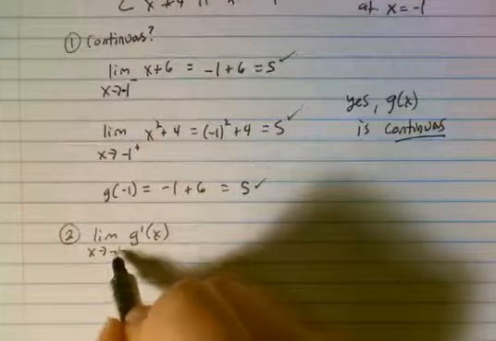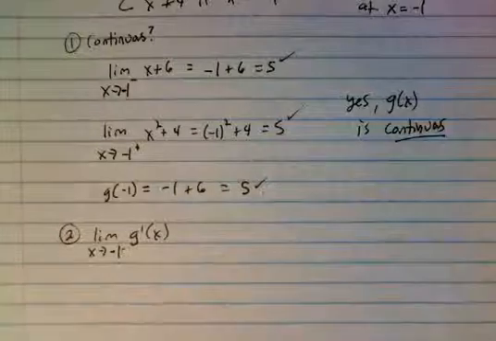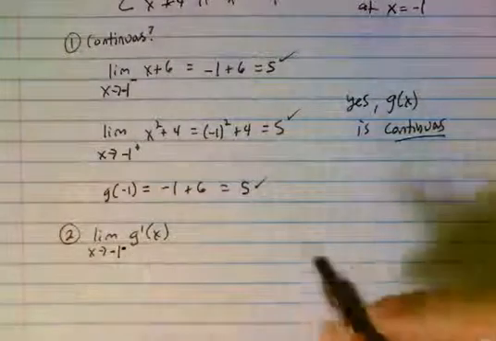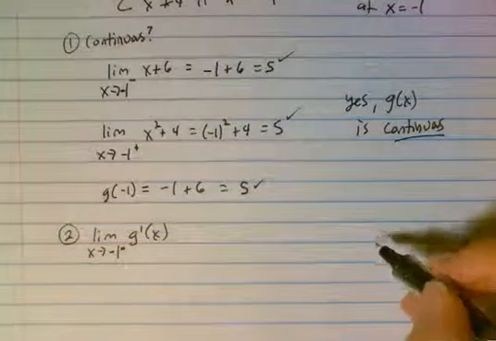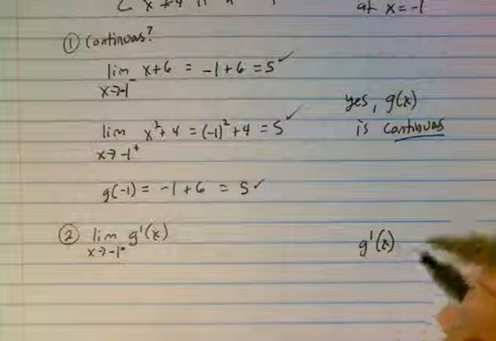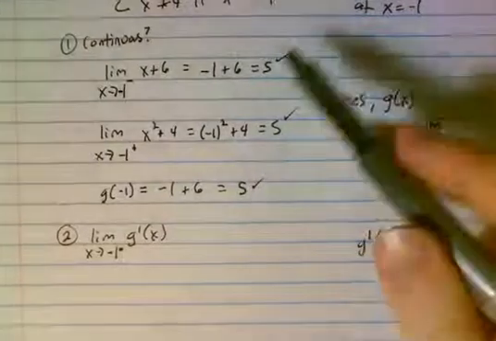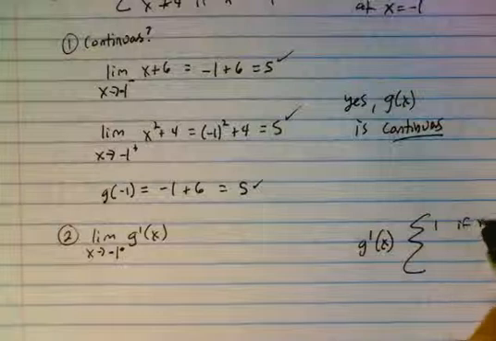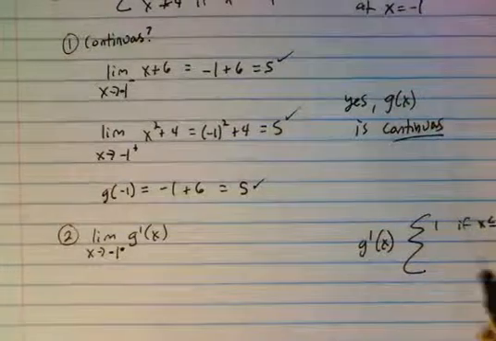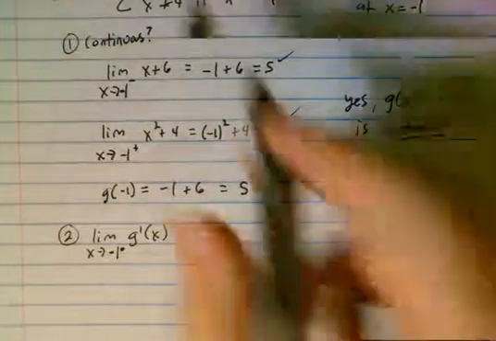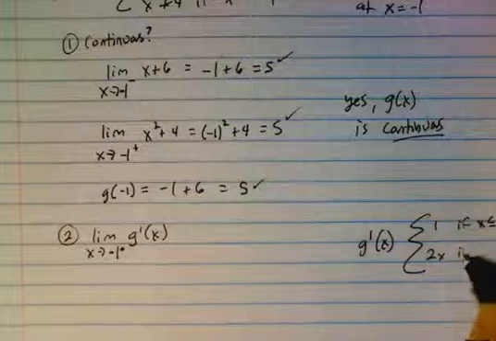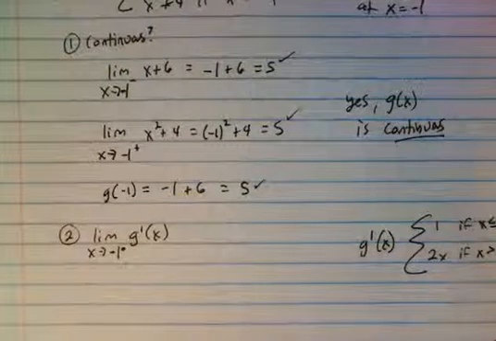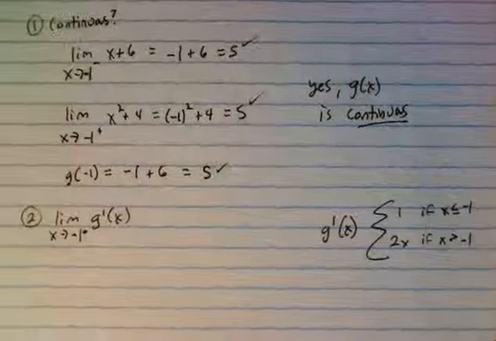So as x approaches negative 1 from the left, let's see what we've got. First of all, g prime of x, I'm just going to take the derivative of each of these. That's 1 if x is less than or equal to negative 1. It's 2x, bring down the exponent, if x is greater than negative 1.